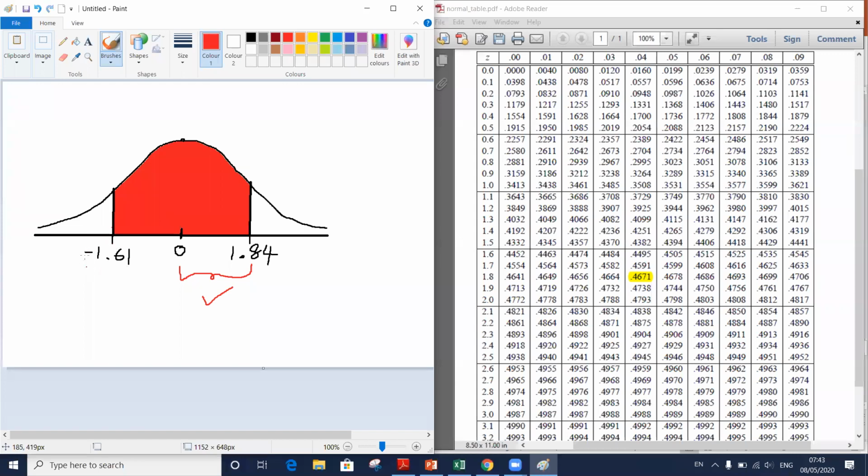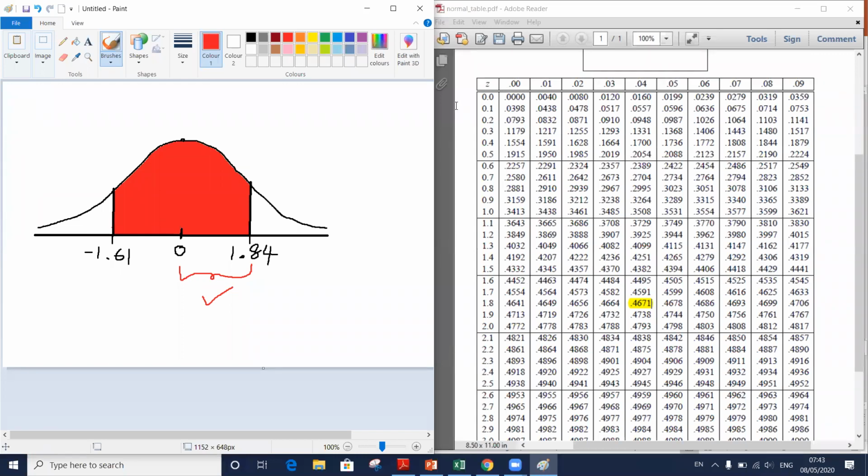Then how can we find the value related to minus 1.61? Our Z table does not differentiate between minus and positive values.